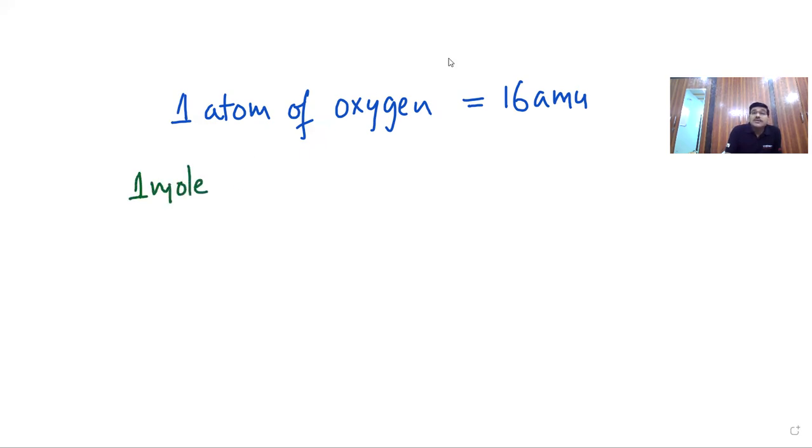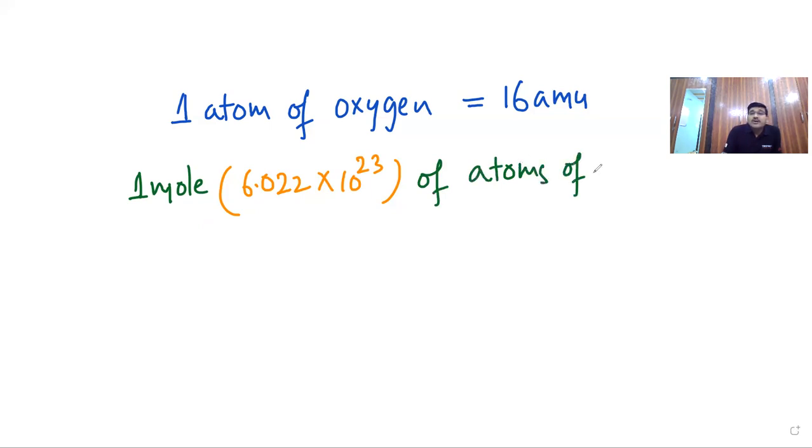1 mole here is how much? 1 mole is 6.022 into 10 to the power of 23 in number. 1 mole of atoms of oxygen consists of how many atomic mass units?